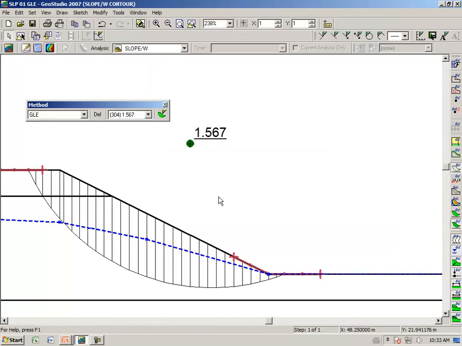So you can look at the different methods. You can use the view slice force information to confirm what interslice forces are included in the method, and you can produce a GLE plot, which you will do a lot for interpretation of results, which incorporates the Bishop simplified, Janbu simplified, and the crossover point, which may be a Morgenstern-Price or it might be a Spencer, depending on the assumed interslice force function.